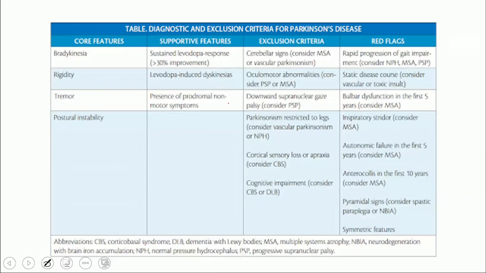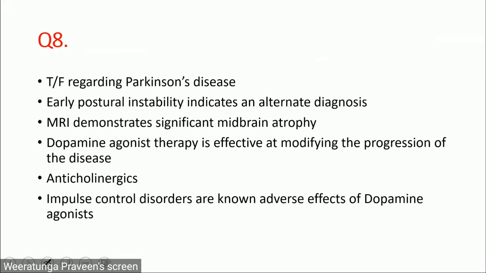At least for a short period of time, it will work very well, right? And they sometimes have dyskinesias also, over movements. In the atypical Parkinson's or Parkinson's plus syndromes, the responsiveness to levodopa is poor. That is the point you need to remember.